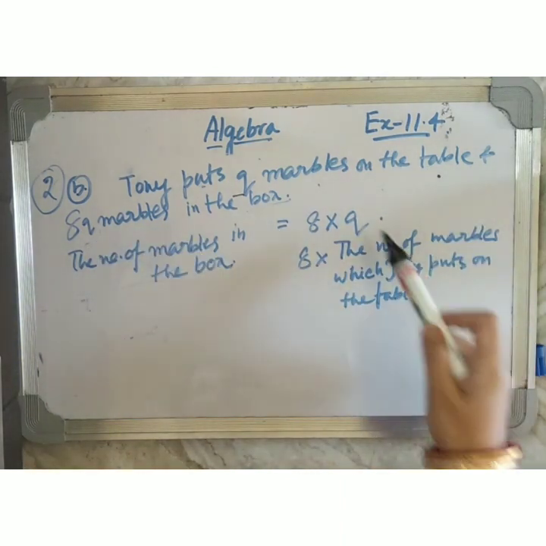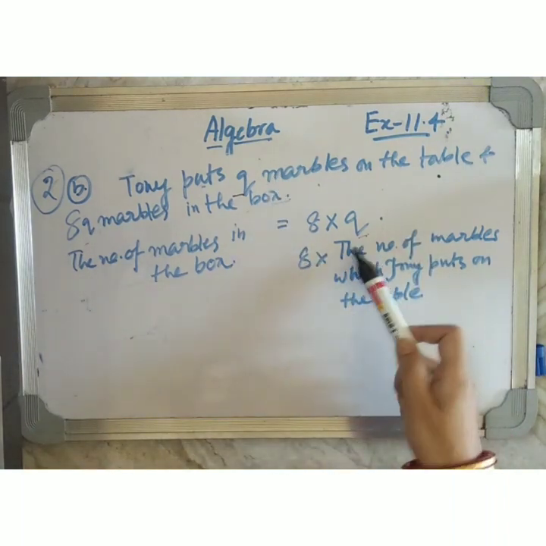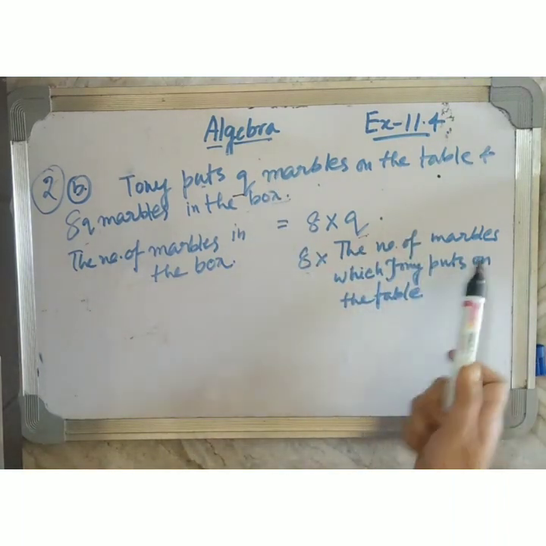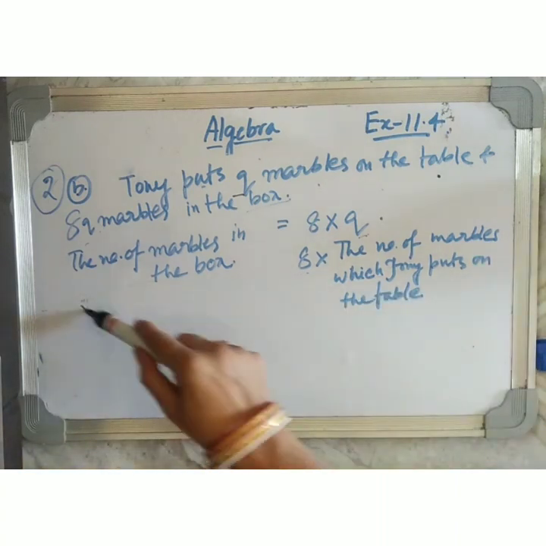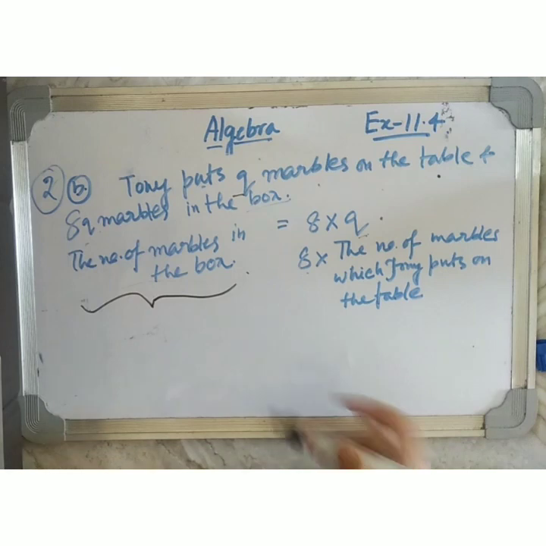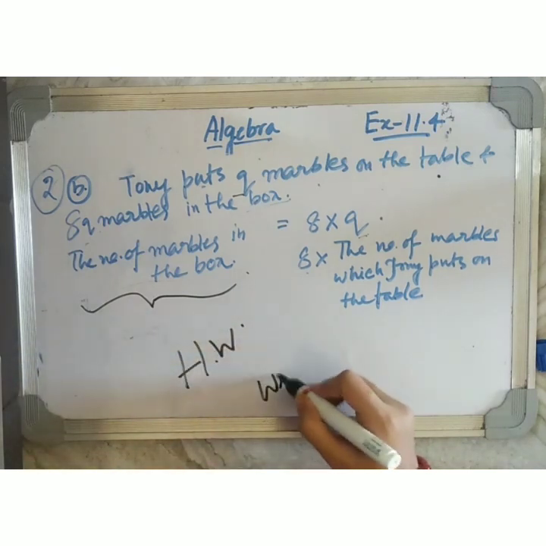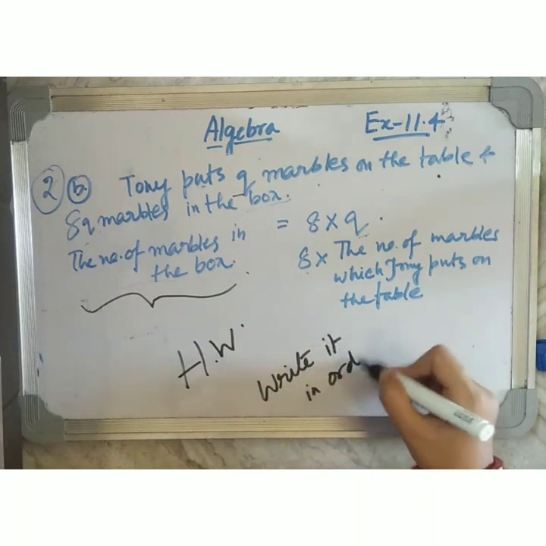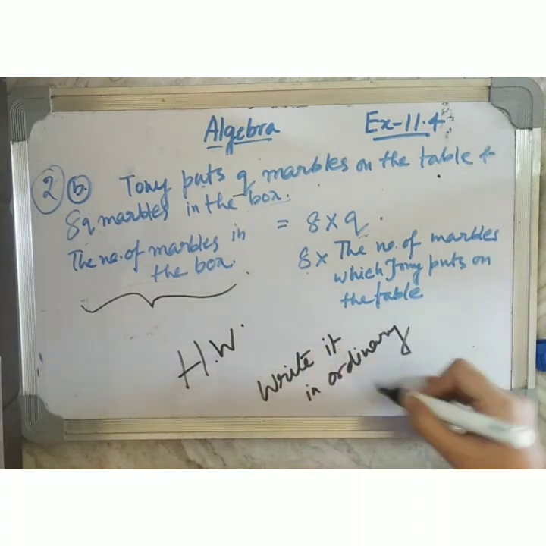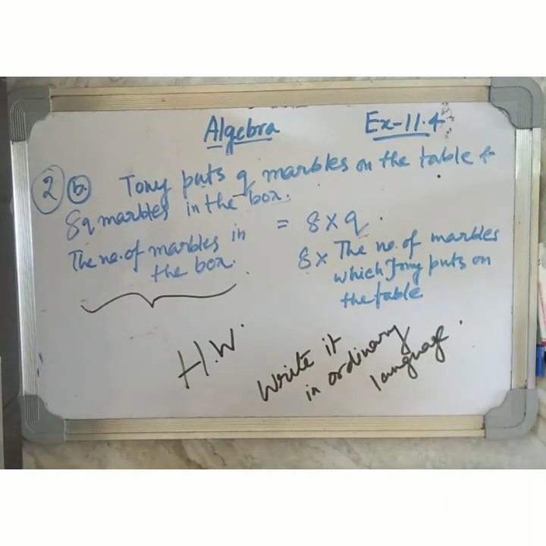So this is the number of marbles in the box. I hope you can write it yourself in ordinary language just like the previous one. Okay, now let's come to the next sum.